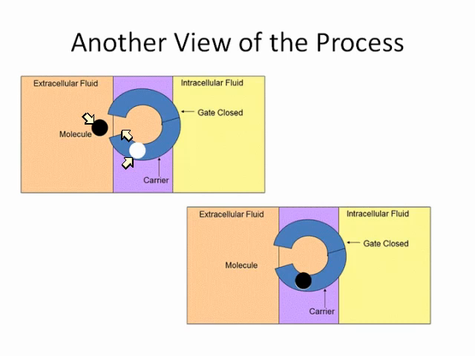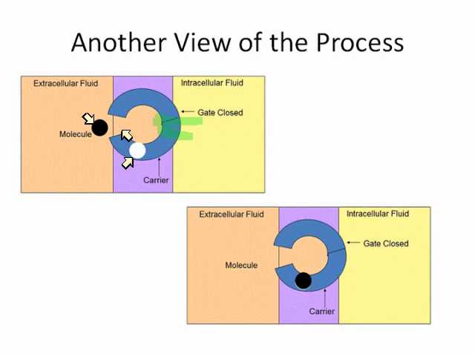If that molecule does not fit into that carrier receptor, it's a no-go. Notice on the back end that gate is closed. There's no way that molecule is going to get in.